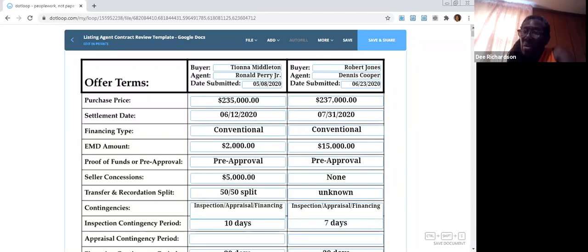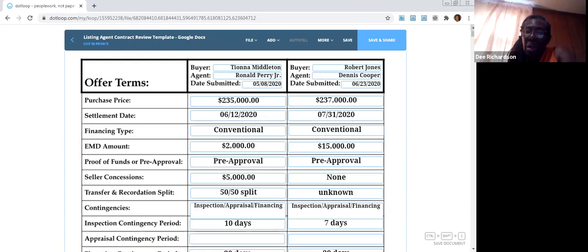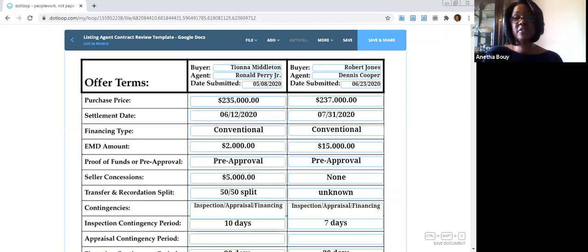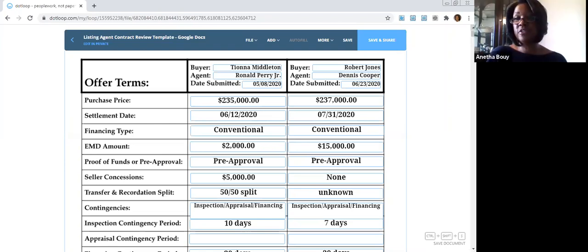Anita, before you go there, can you talk a little bit about, for those of us who may not understand, how you got to the net offer? You subtracted the 2,000 or you added the 2,000? Okay. That's a good question. Again, this is just an estimate. However, based on the information that we've received in the contract, what we do is we add all of our credits and deduct all of our debits and or potential debits.